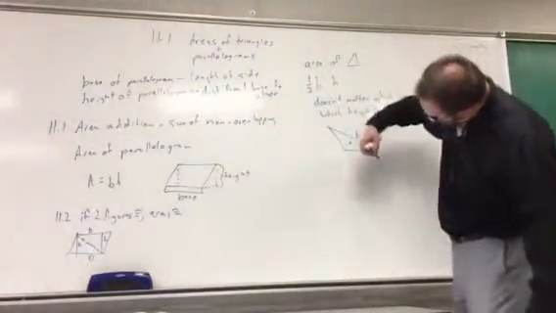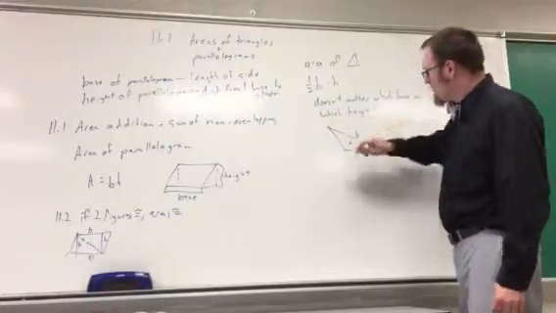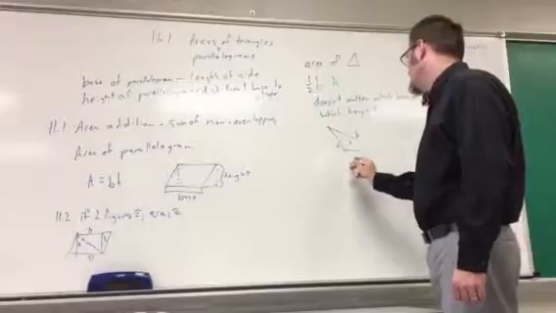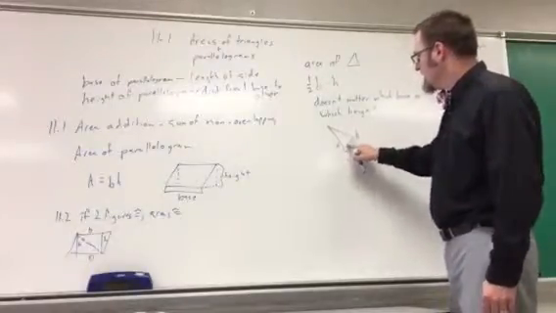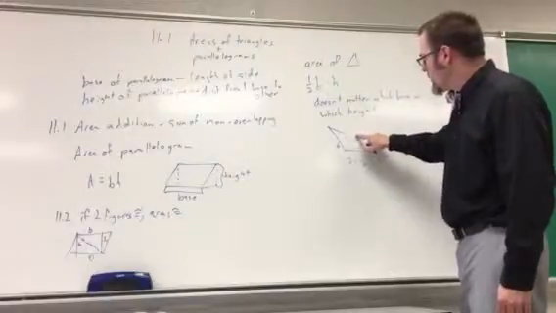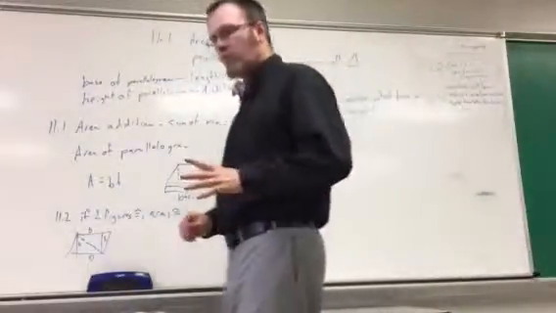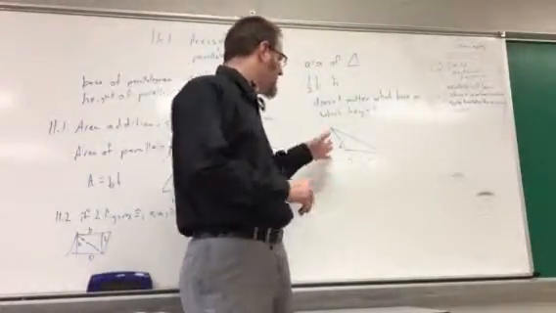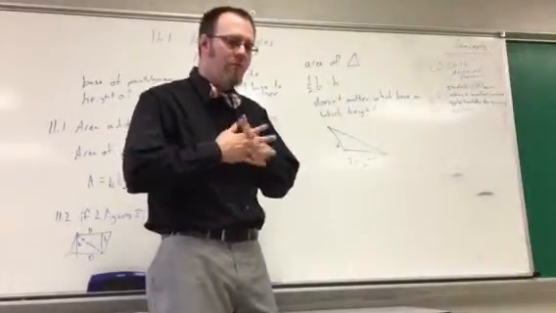Or if I turn it like this, this is going to be the more difficult one, I have to use this as a base. Then there's going to be this height that would be at 90 degrees to that base that I could use. But for any one of them, it should all be proportional. We should have the exact same number, the same product when we multiply the base times the height, regardless of which one we're using as the base or the height.